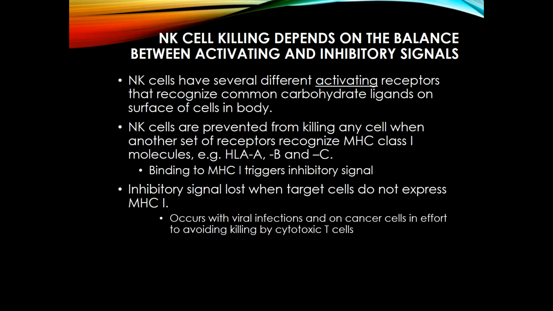Natural killer cells are prevented from killing any cells when another set of receptors recognize MHC class I molecules. Again, in humans, that's HLA-A, HLA-B, HLA-C. And so when that receptor on the surface of natural killer cells recognizes the class I molecules, that triggers an inhibitory signal and prevents that activating receptor from activating the cell.